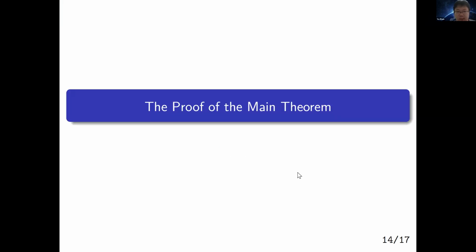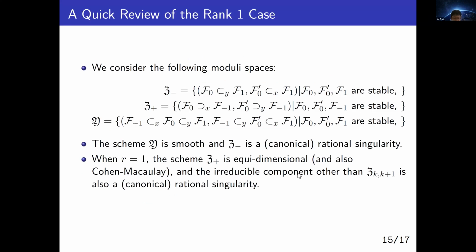Okay, so let me briefly explain the proof. Remember, if we consider E_K and F_J, we should consider a fiber product of the nested schemes. For F_K and E_L, we should consider another fiber product of moduli spaces. This is what we call Z minus one and Z plus one.